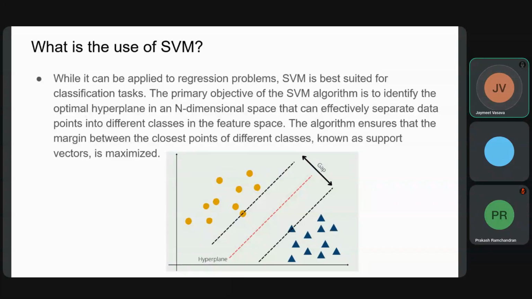The margin is the distance of the margin line from the hyperplane, and margin width is the distance between the two margin lines. So you can see how a hyperplane is separating the two classes. One class can be yellow dots and the other class blue triangles. The hyperplane separates those two classes in the space that they are plotted.